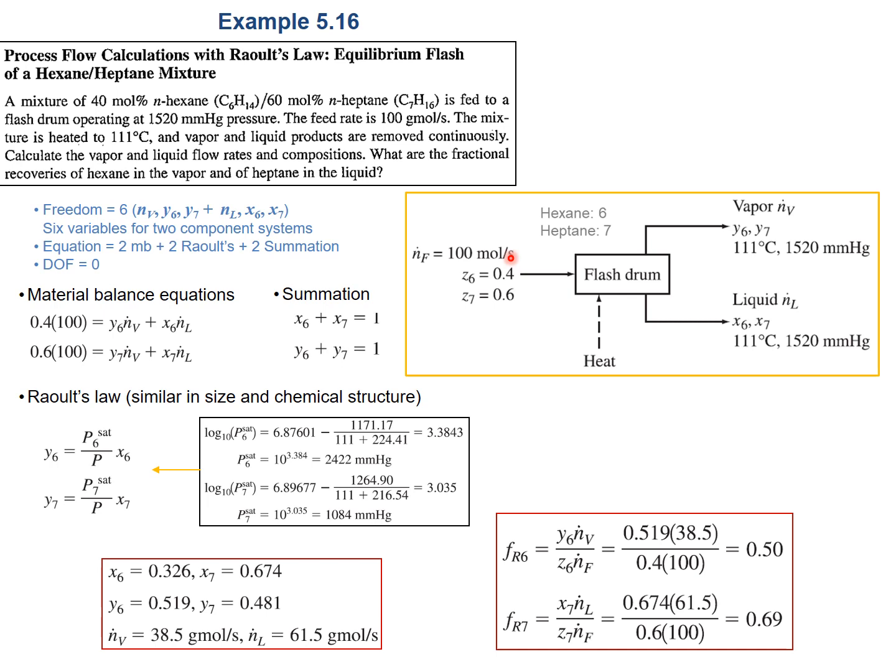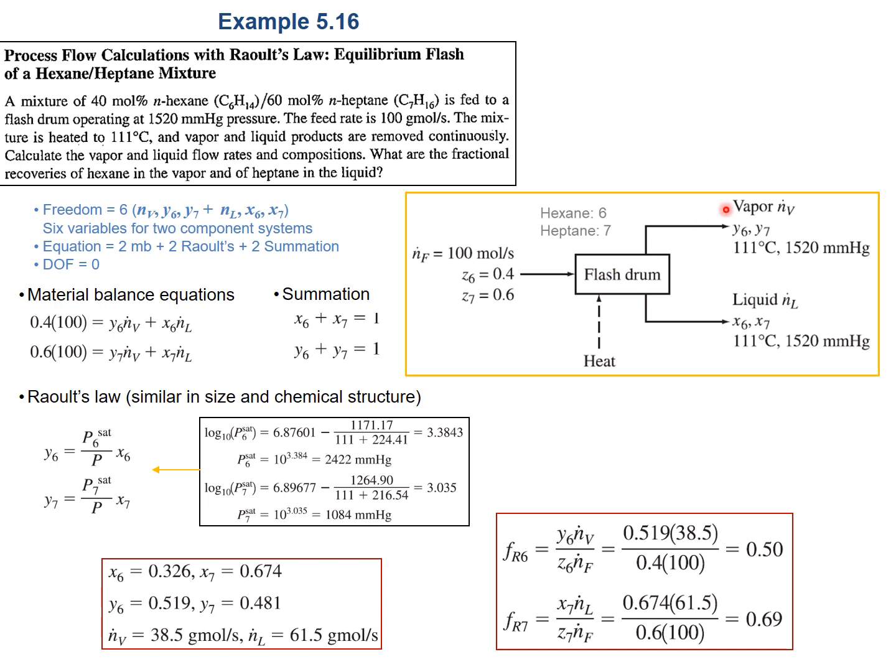In this feed stream, you have hexane 0.4 as the mole fraction and heptane 0.6 mole fraction. By heating this mixture, you will split this liquid mixture into vapor phase and liquid phase. Of course, we get the vapor phase in the top stream and the liquid phase at the bottom stream.